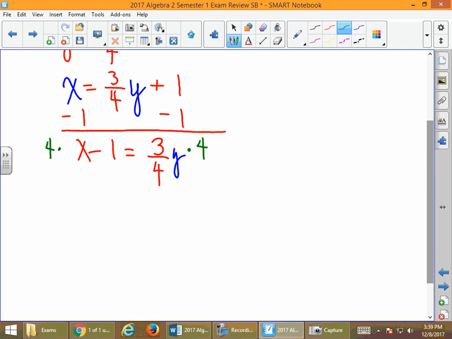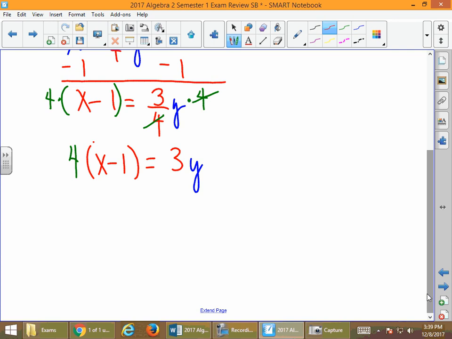When we multiply the left side by 4, we have to multiply the entire value by 4. So we have 4 times (x minus 1). But what happens over here on the right side of the equation is that the 4s cancel out, and we're left with 3y. No fraction, so that's good for some of us. But now let's distribute.